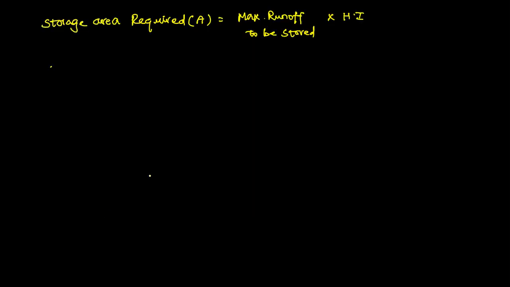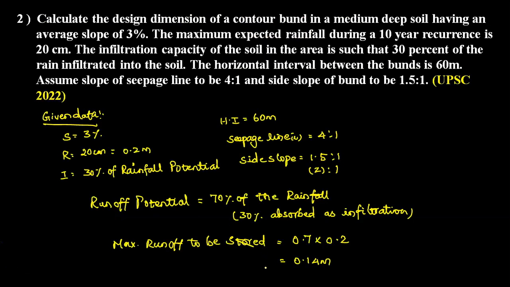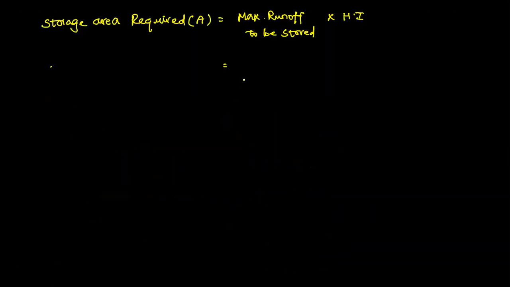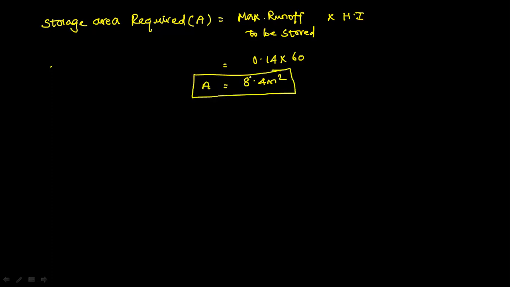So it is convenient for you to easily find out the storage area. So maximum runoff to be stored is 0.14 meter, into horizontal interval 60 meter. When you calculate 0.14 into 60, you get the answer as 8.4 meter square area. So area we have found here is 8.4 meter square.